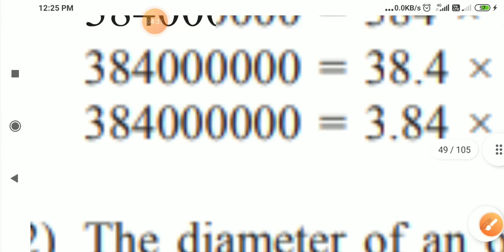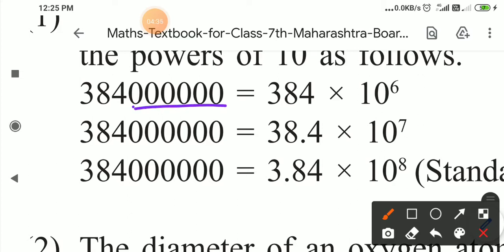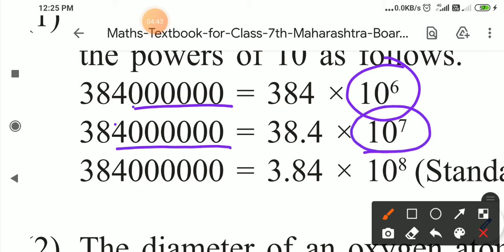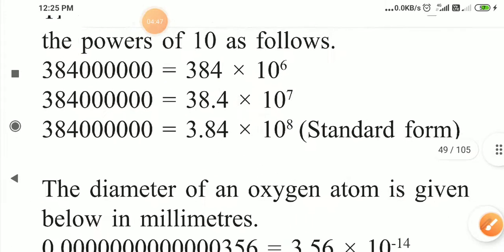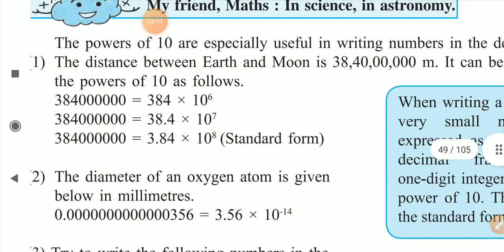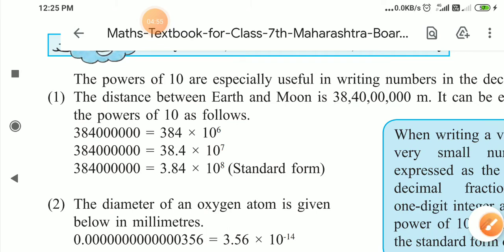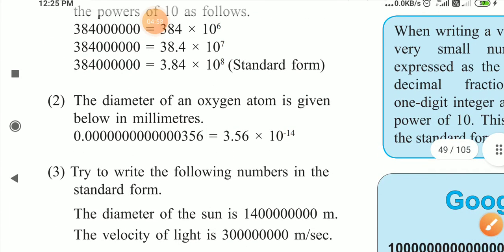If after the point there are 6 digits, it is 10 to the power of 6. When you give the point after 8, 7 digits, so 10 to the power of 7. And after 3, 10 to the power of 8. So this is the standard form of writing numbers. That is the relation of astronomy and maths. Now we will move toward science.